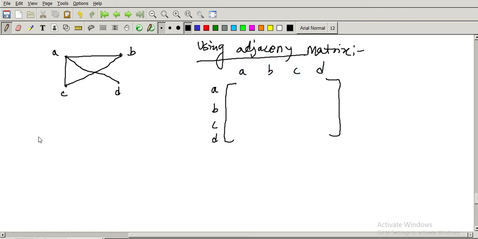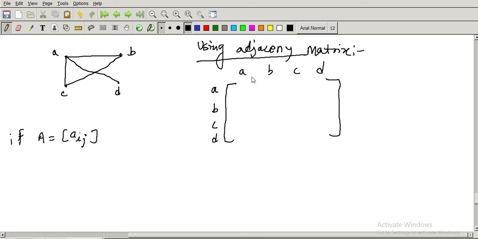The formula is, let's say we represent the matrix as A, where A[i][j], with i as rows and j as columns. The number of rows and columns is 4 because we have four vertices.